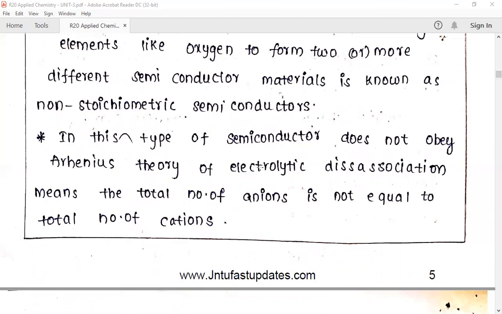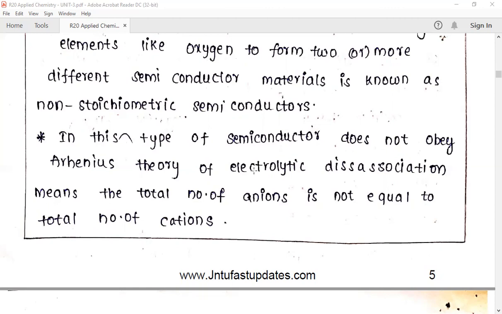What is Arrhenius theory? According to the Arrhenius theory, the number of anions is equal to the number of cations. If we take the example of NaCl, by passing electricity it undergoes electrolysis and dissociates into Na plus and Cl minus ions. That means the number of Na plus ions formed is equal to the number of Cl minus ions.